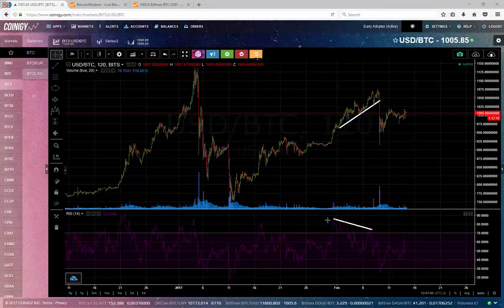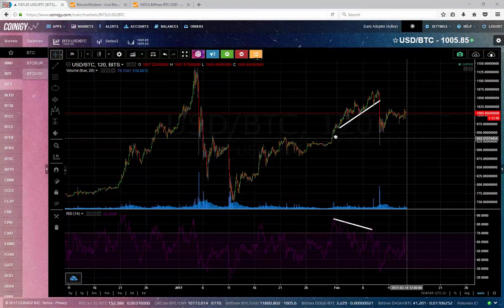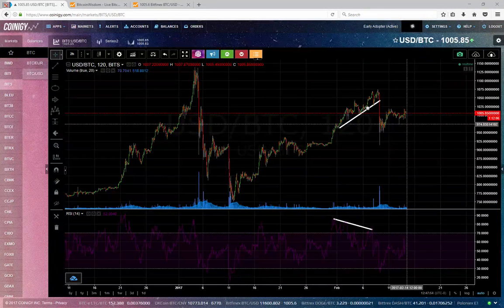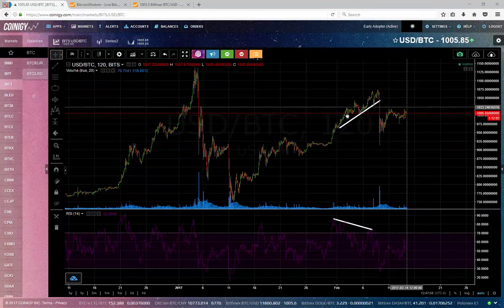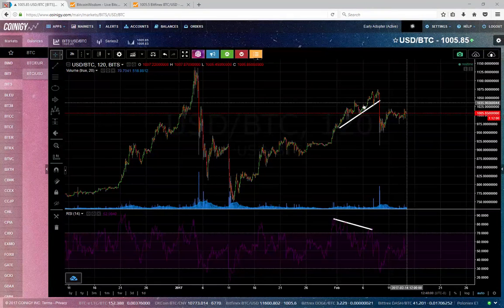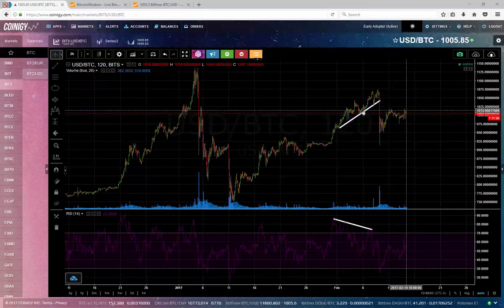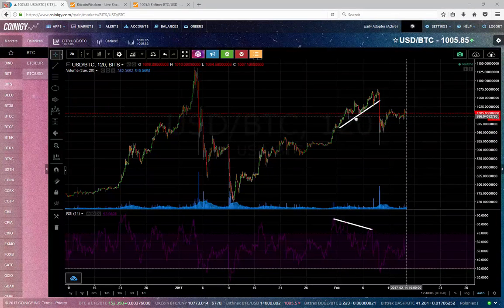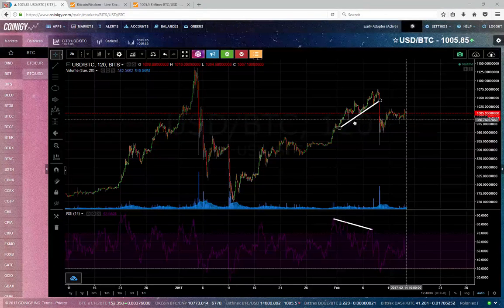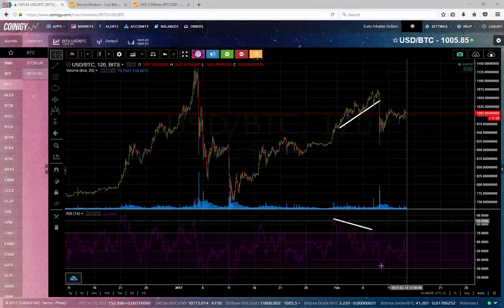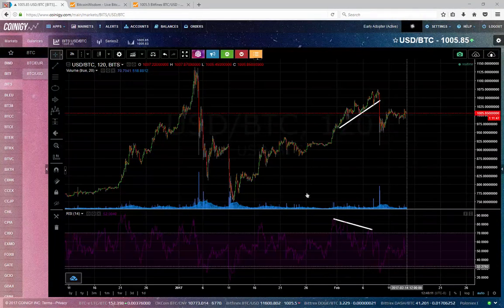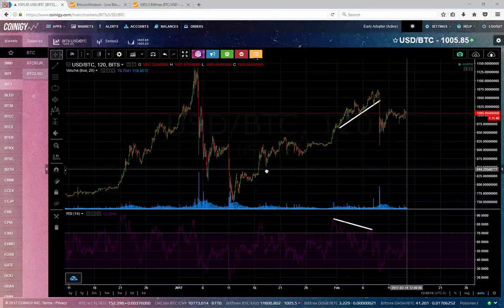So this is called divergence. It's kind of a warning sign that even though the price is going up, it's losing momentum. And momentum is really important in order for a trend to continue. You could also get divergence in the opposite direction as well. So this is an interesting indicator to use in conjunction with your technical analysis.